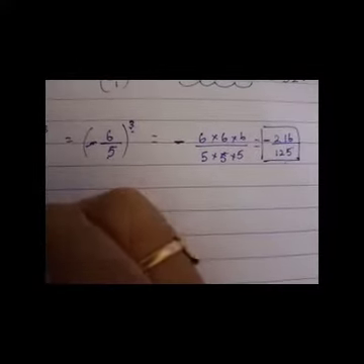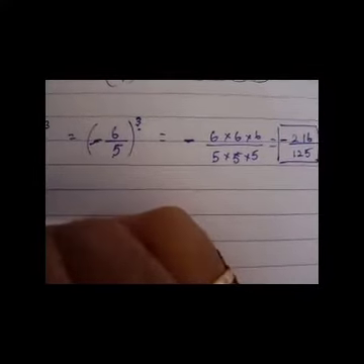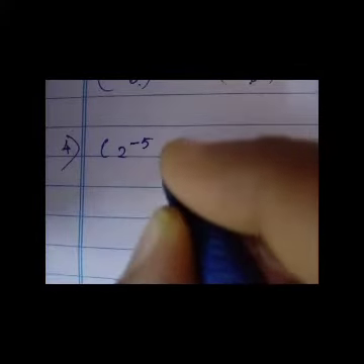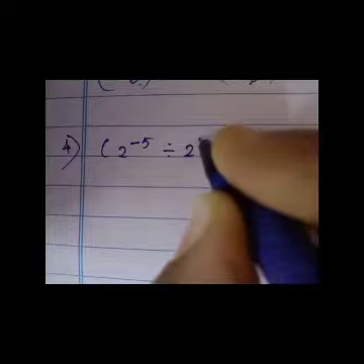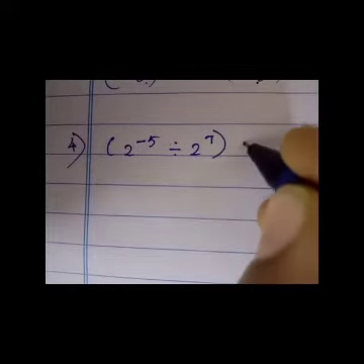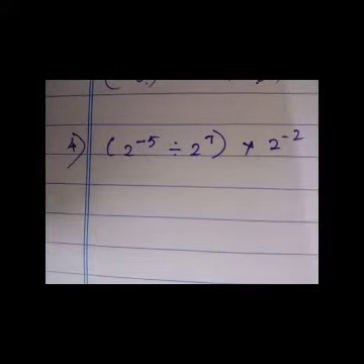Then your fourth question is 2 power minus 5 divided by 2 power 7 into 2 power minus 2.